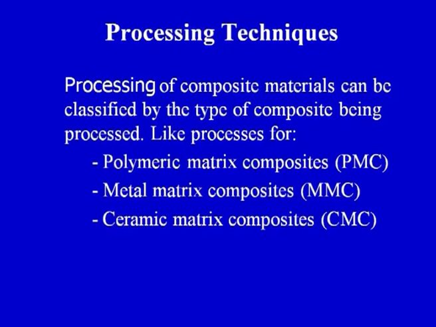The first one, the polymer matrix composites, the second one, the metal matrix composites, and third, the ceramic matrix composites. The matrix is the catchword. On the basis of the matrix, we can have three different types of composites, and from the processing point of view, the processing requirements and needs are different for all these three types.